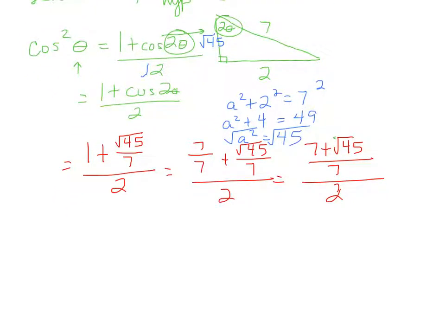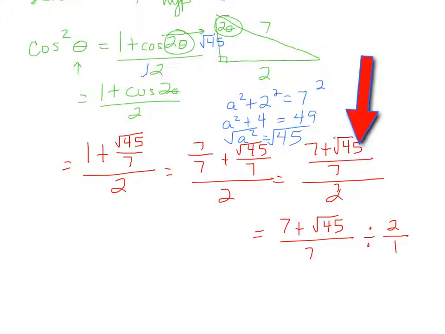And so this part is probably the hardest part of the problem. You guys don't have trouble with the trig. It's probably the fraction that's going to kill you. There's my numerator divided by 2. So all I did from this step to this step is I wrote it, instead of a fraction, as a division problem.